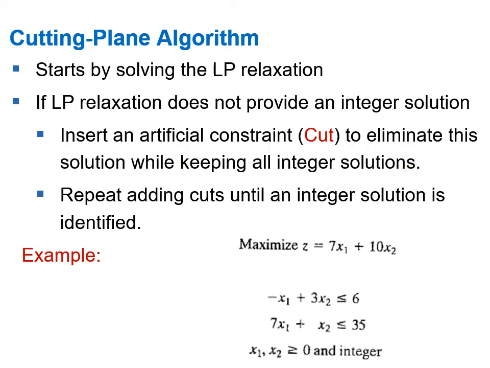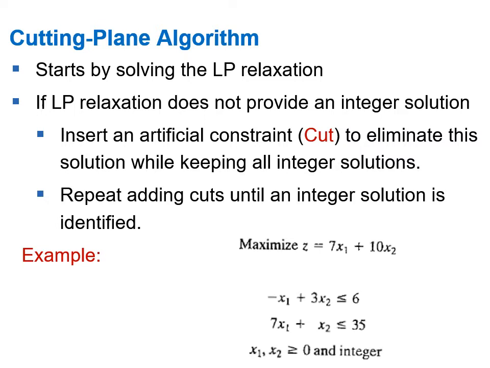They are still feasible solutions. And after adding this constraint, if we obtain an integer solution, then that's okay, it's the optimum solution. Otherwise, we add a new cut, a new constraint, and solve it again. And we do this repeatedly, again and again, until we obtain an integer solution.